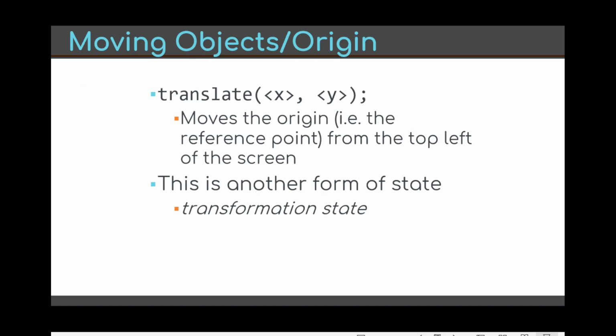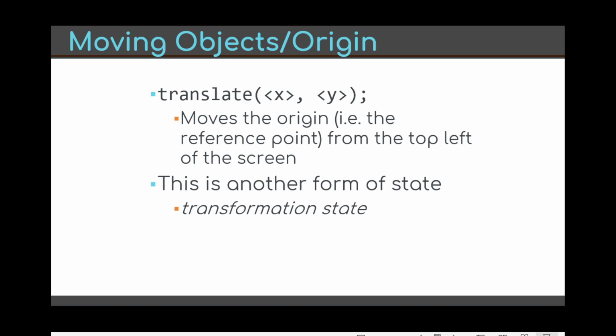Okay, now we're going to get some more interesting ones with translate. So this moves the origin. Remember last class when I told you that 0, 0 is the top left? Well, let's say you want to start drawing in another region and you want to simplify the math. Or let's say you want to recenter your world so that the middle is the origin, like if you want to do some cartographic drawing or some spirals.